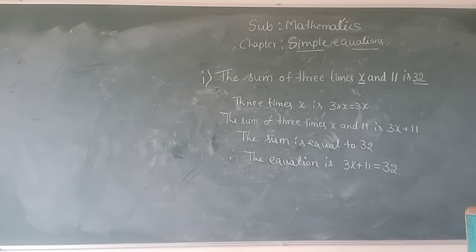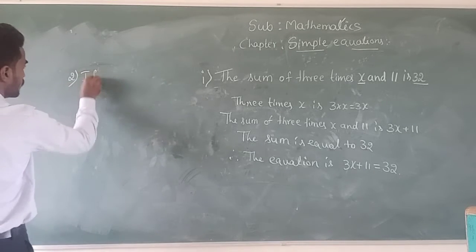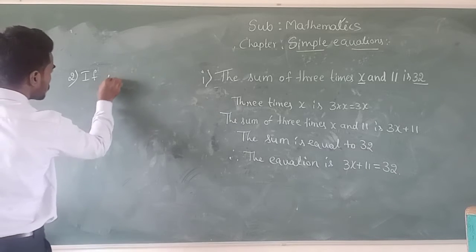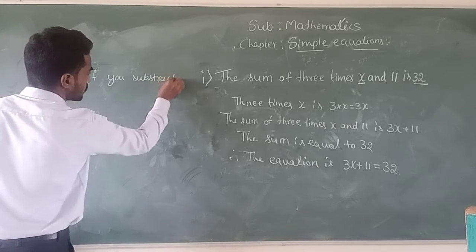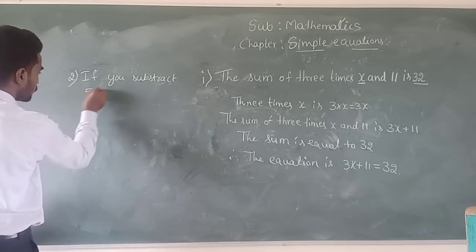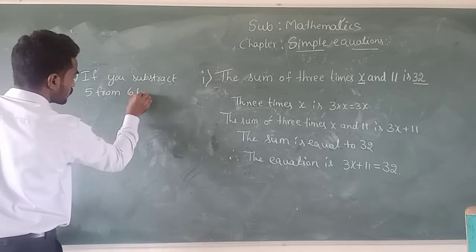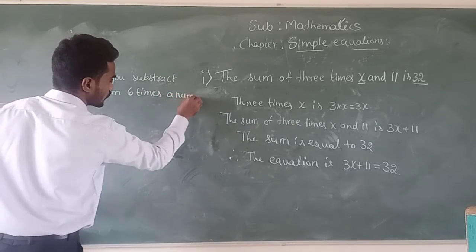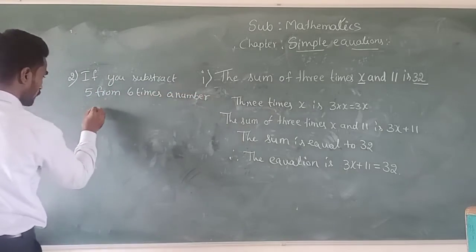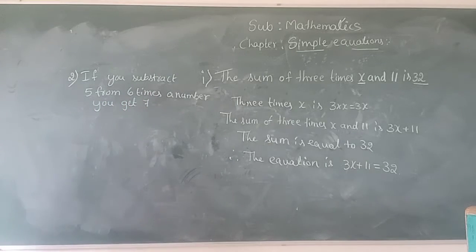Okay, I will go for another example. Second one: if you subtract 5 from 6 times a number, you get 7.